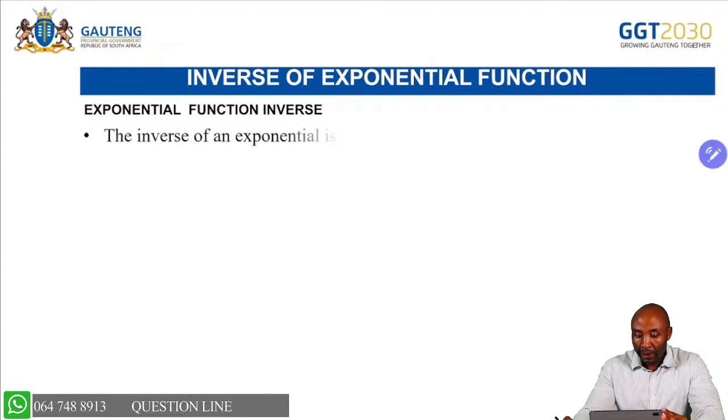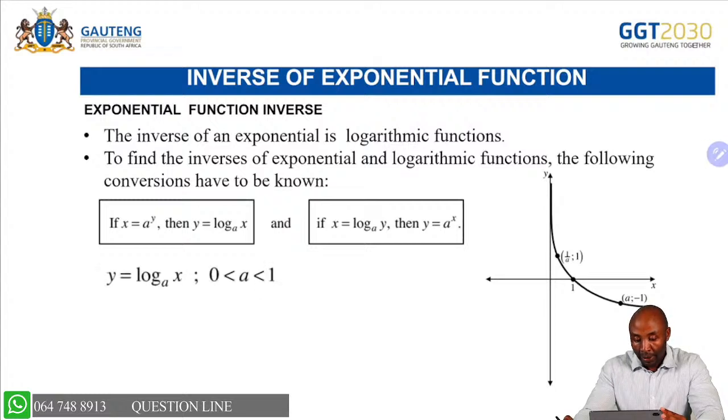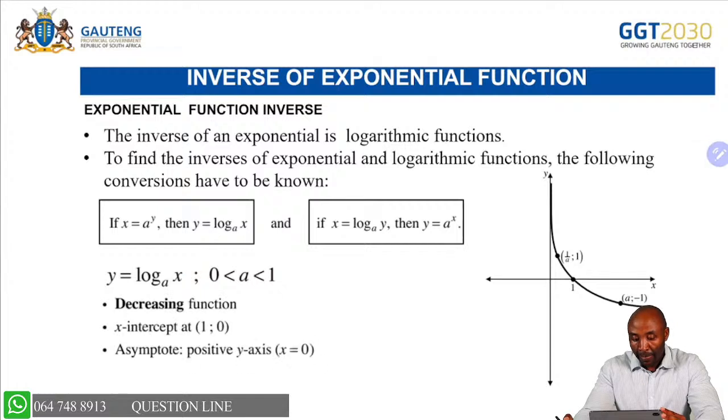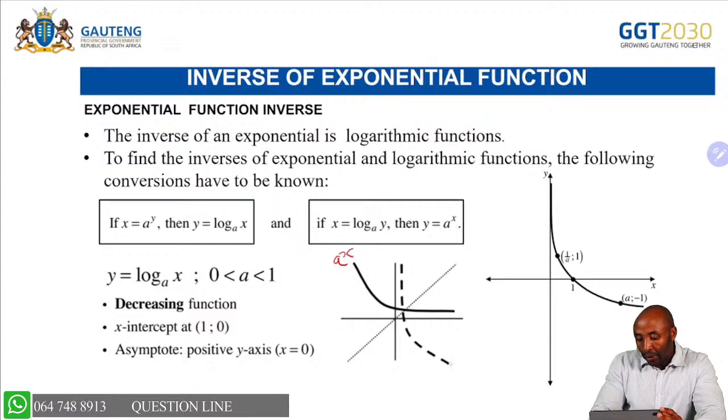Let's move on now to the decreasing exponential function. We are aware that if our a is a fraction, it becomes a decreasing function, and this is our original function, which is our a to the power x. It's a decreasing function. The inverse is going to be a decreasing function as well. So this is our f inverse, which will be given by the logarithm to base a of x.